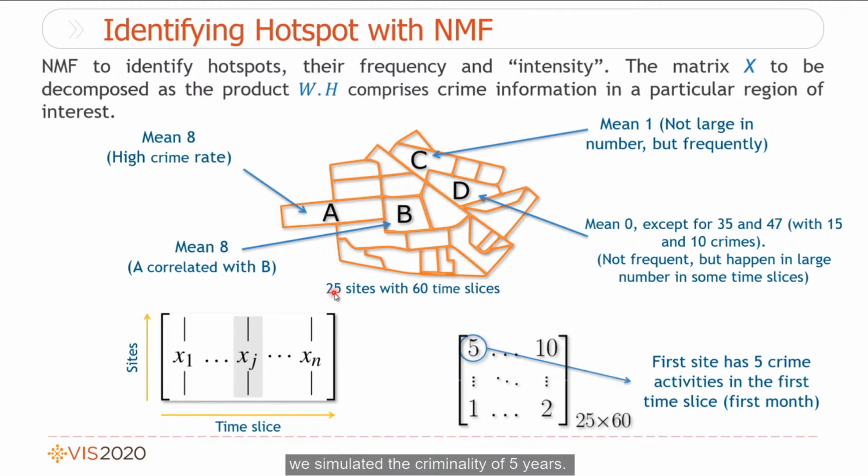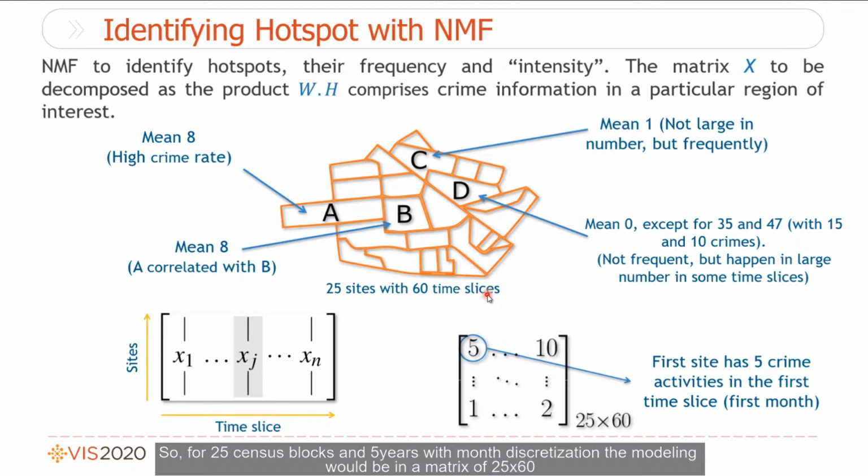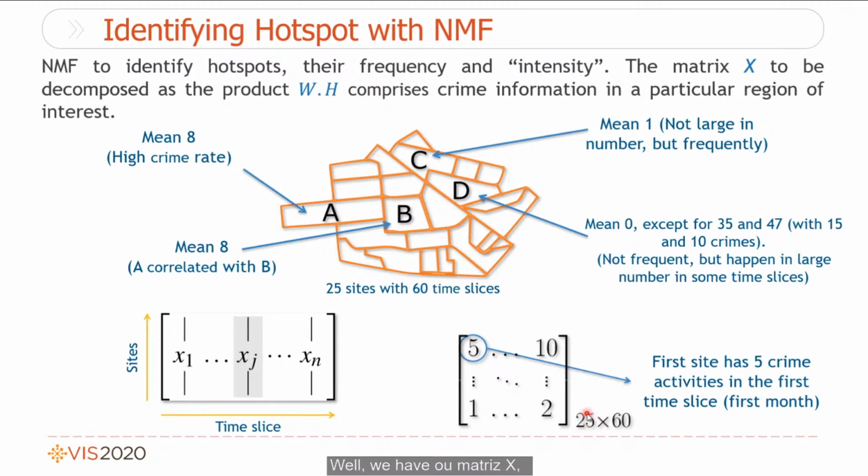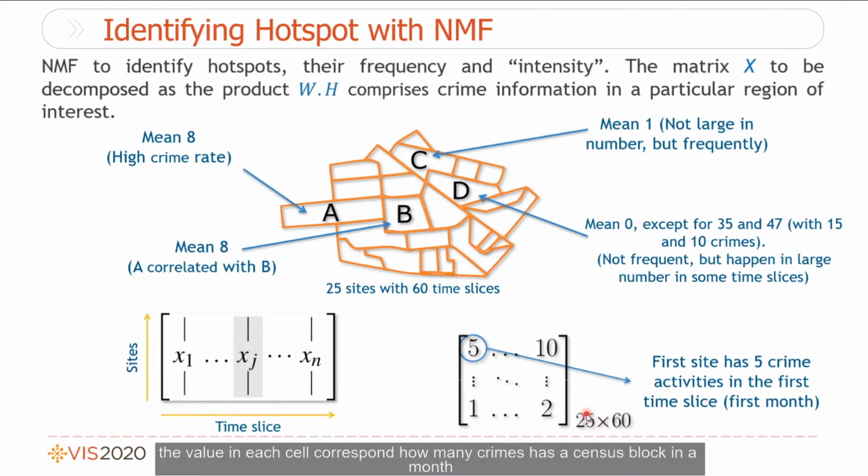So, for 25 census blocks and 5 years with month discretization, the modeling would be a matrix of 25 by 60. Well, we have our matrix X. The value in each cell corresponds to how many crimes a census block has in a month. In order to simulate many situations, each site has a particular crime behavior.